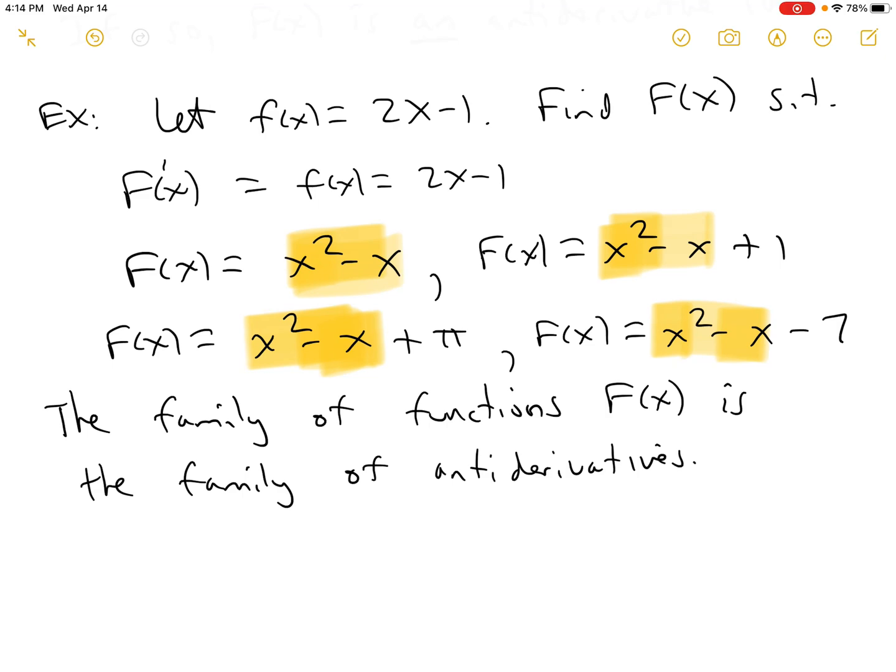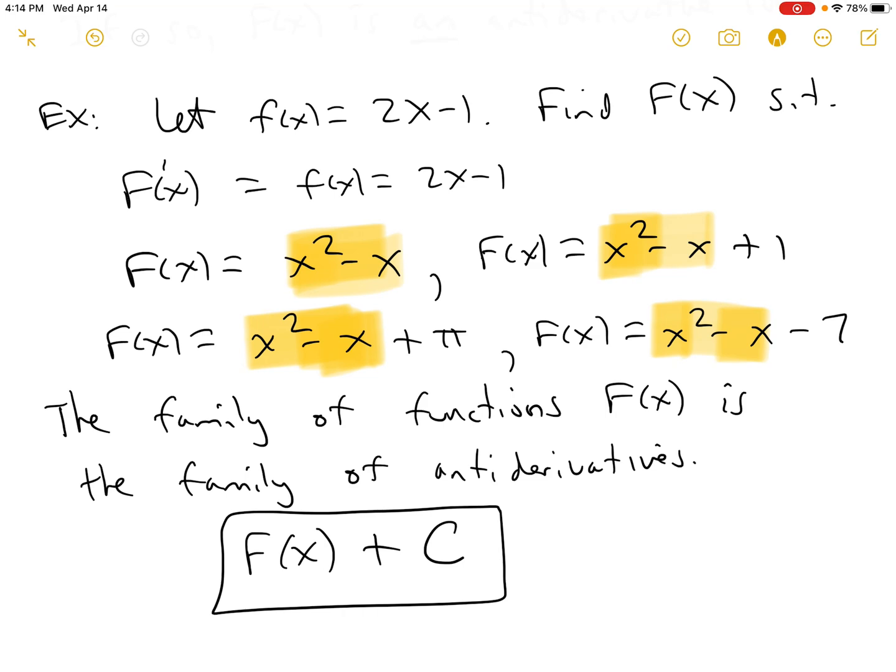So it's going to be F of x. How can I write this? Well, I guess it's F of x plus c. We'll just write it that way. But F of x involves c. The notation's a pain, and this C we'll show later on is called the constant of integration.